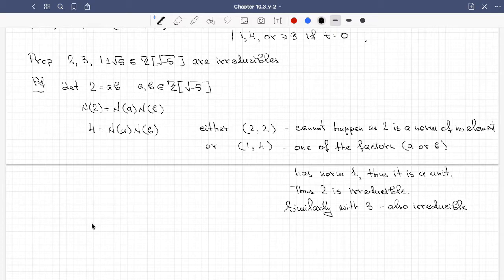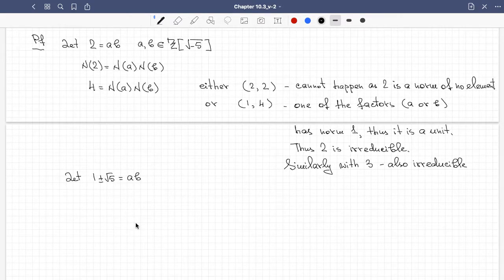It is very similar with 1 plus minus root of 5. Let us see that 1 plus root of 5, or minus, does not matter, be decomposed into two factors a and b, and I again do the same thing.